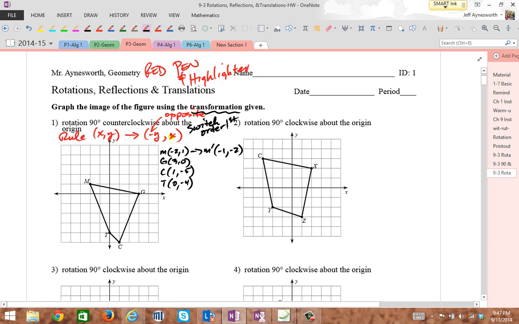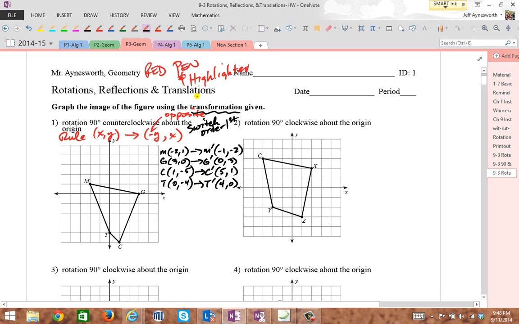X stays the same because it's not negative x, it's just x. So you just switch the order and take the opposite of y. That's all you do. So G prime, all right, that's (0, 3). C prime, (5, 1), because the opposite of negative 5 is positive 5. And T prime, well, that's just (4, 0). Again, you take the opposite of y and switch the order.